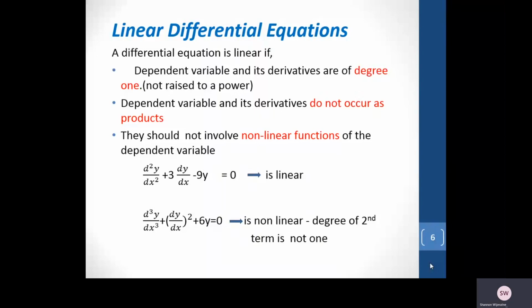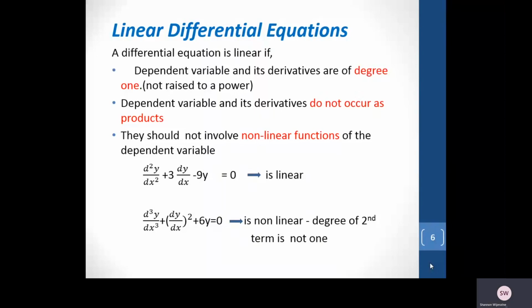So the dependent variable and its derivatives being of degree 1 means that in the differential equation we cannot have terms like y squared, (dy by dx) squared, or (d2y over dx squared) raised to power 2. If we have such terms, then it is a nonlinear differential equation.